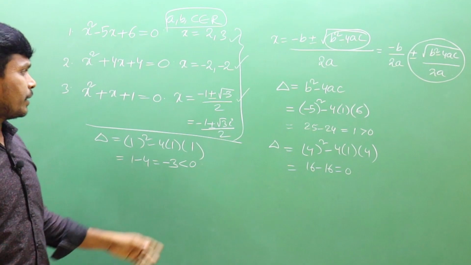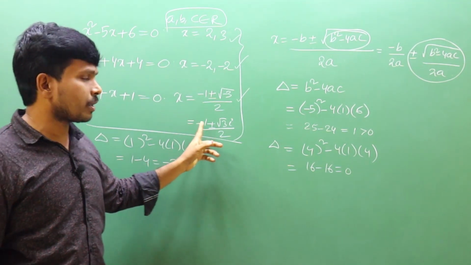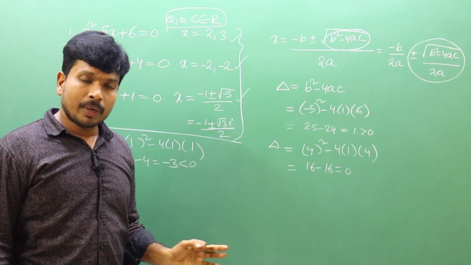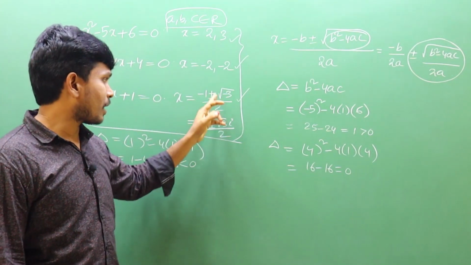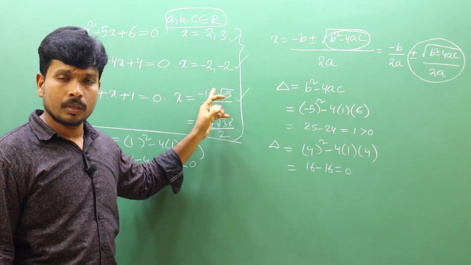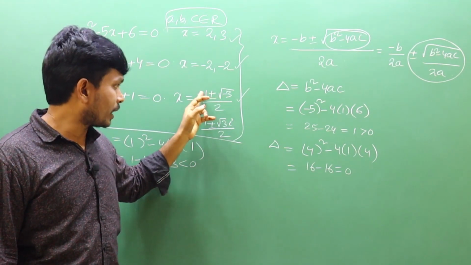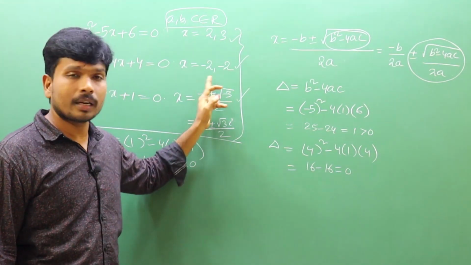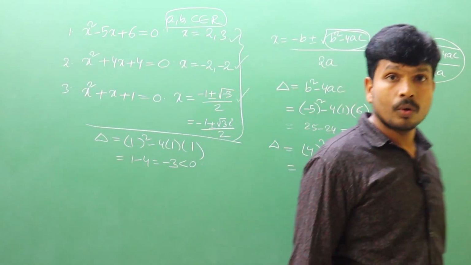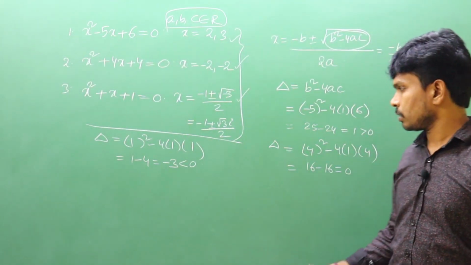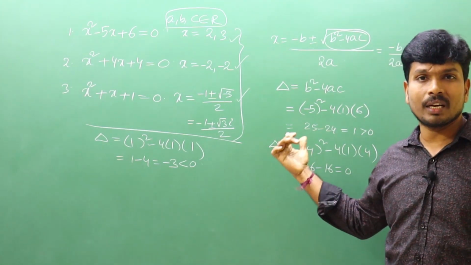So in fact in your 10th class textbook, it is not like this. Simply in your textbook they have given no real roots, because these are not real numbers, no. It is not a pure real. So real part is there, but it is not a real number. So that's why if delta is less than 0, then no real roots.